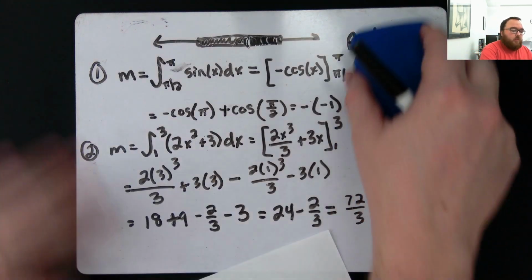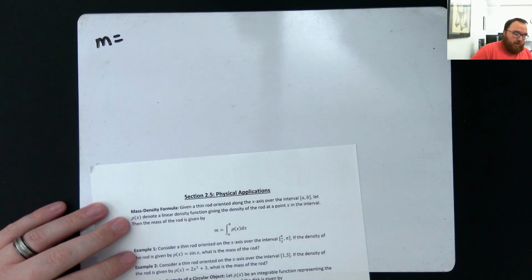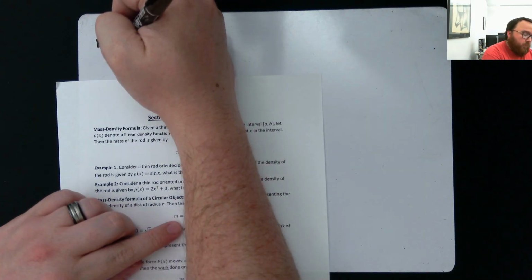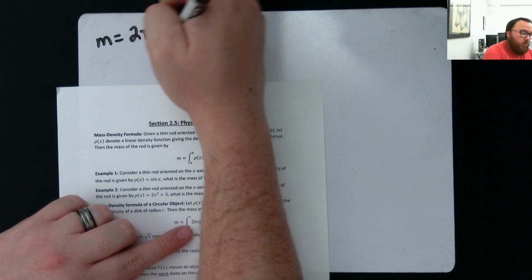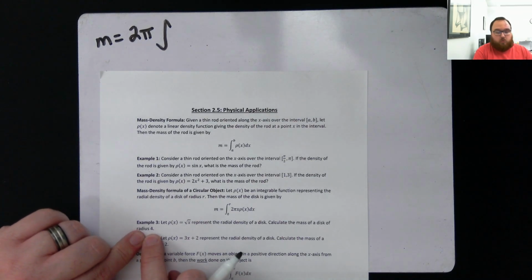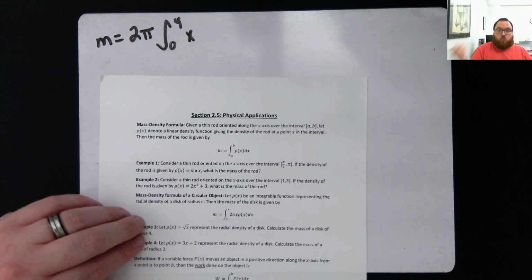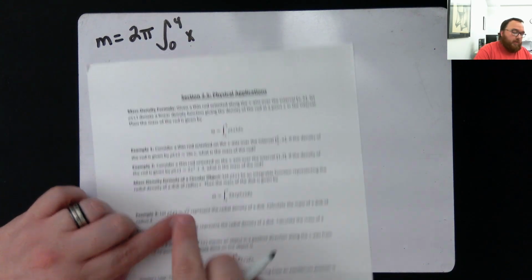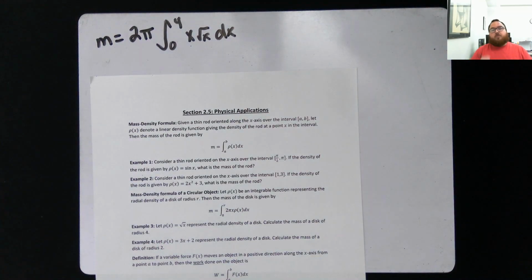So, using the formula for my mass, it's going to be equal to the integral, and 2 pi I can bring out front. Integral 0 to r, so that's 0 to 4 because it said r was 4, of x times rho of x. Rho of x here was the square root of x dx.